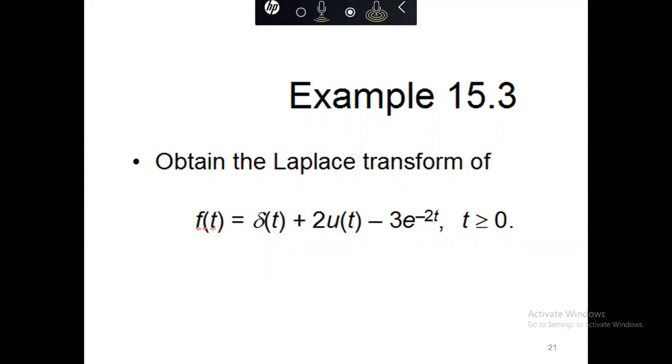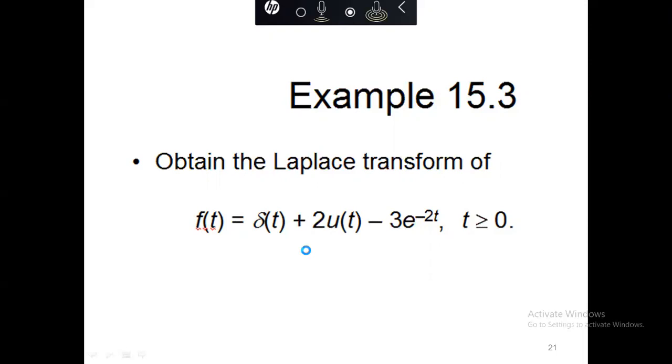In the last lecture, we learned the Laplace transform of delta of t, u of t and e to the minus 2t. This is the Dirac delta function, this is the unit step function, and this is the exponential function. This is an exponentially decaying function because t is greater than or equal to 0.